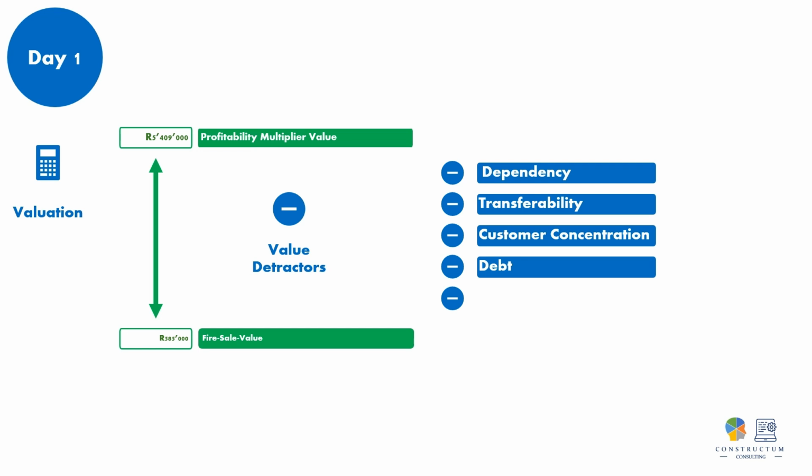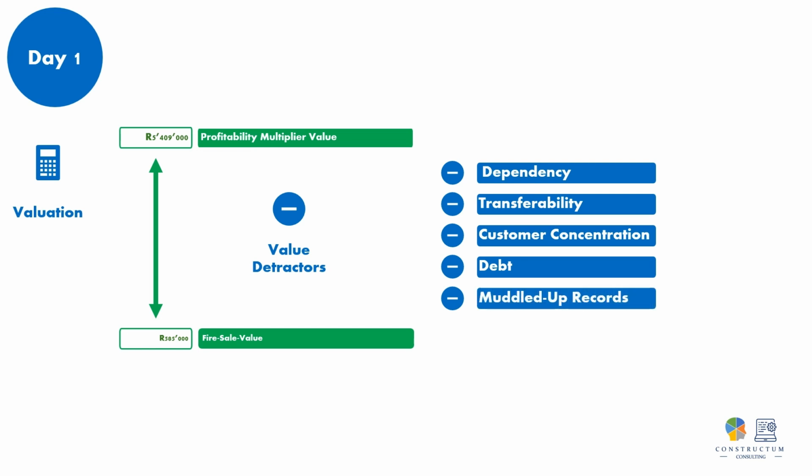Financiers are typically not prepared to transfer liability for the business's debt to a new owner, and certainly not without assessing the credibility of the prospective buyer of the business.